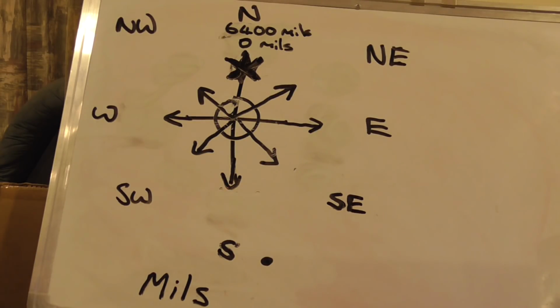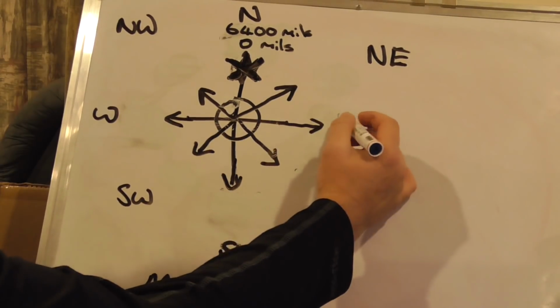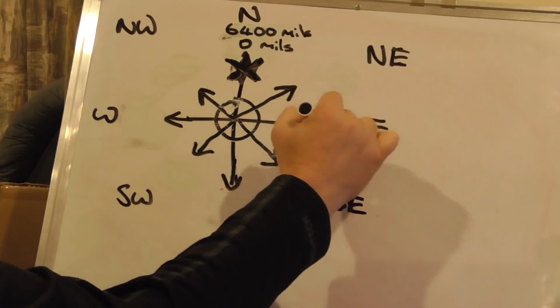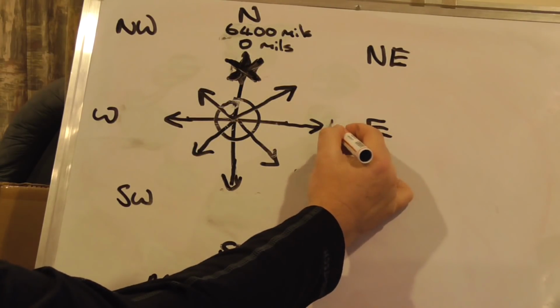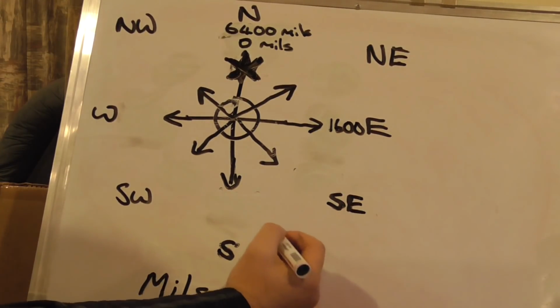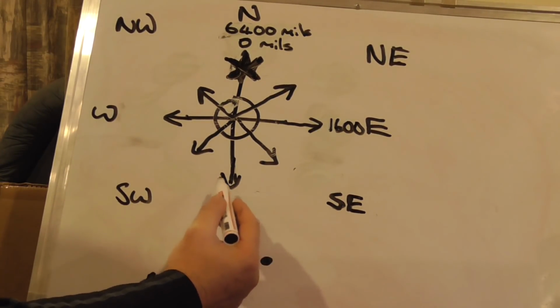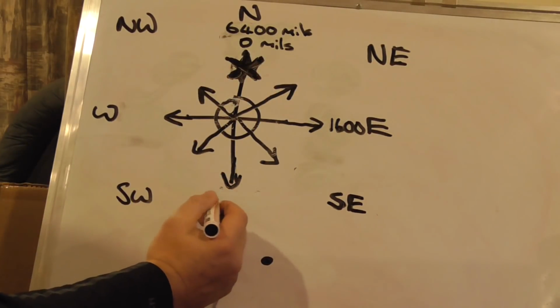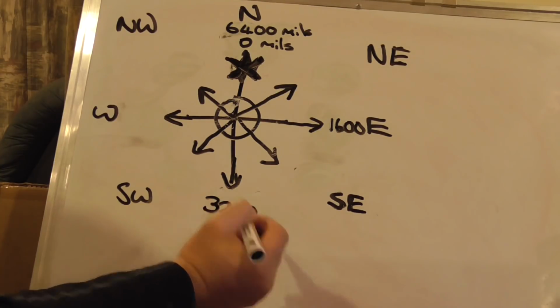Out to the right hand side, it goes from 0 and we go clockwise, but for east we're looking at 1600 mils. For the south we're looking at half of the 6400, so we're looking at 3200 mils.